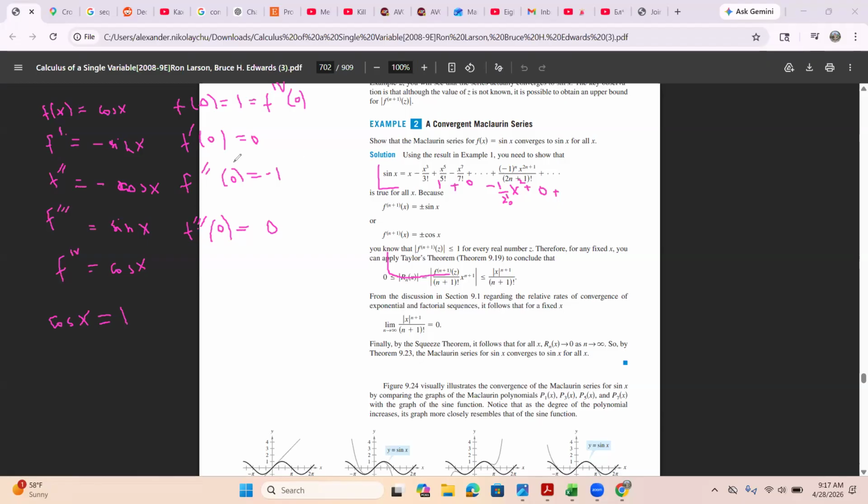The next term will disappear because the coefficient is 0. The next term will be with a minus sign, so that'd be -1 over 2 factorial, or 1/2. If you want, you can put 2 factorial so you can better see what's going on. And this is multiplied by x squared. And then next is again going to disappear, so I'm not going to write it.